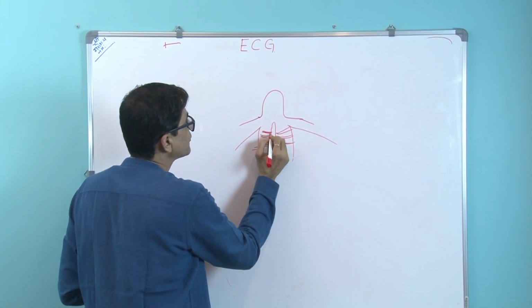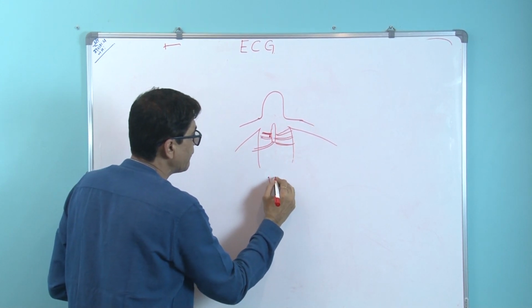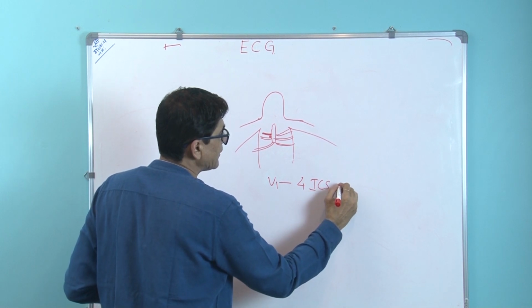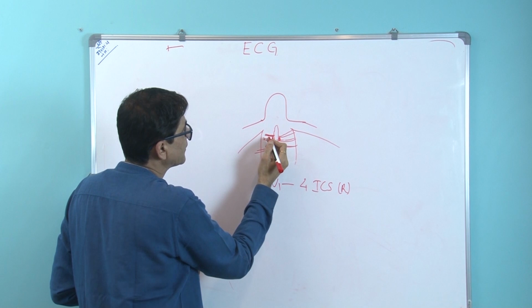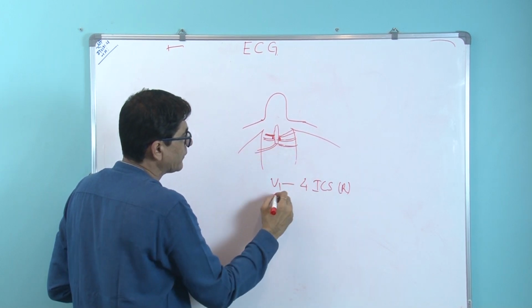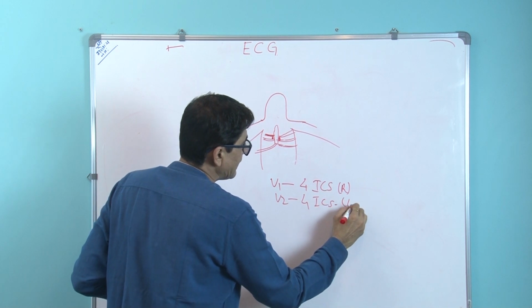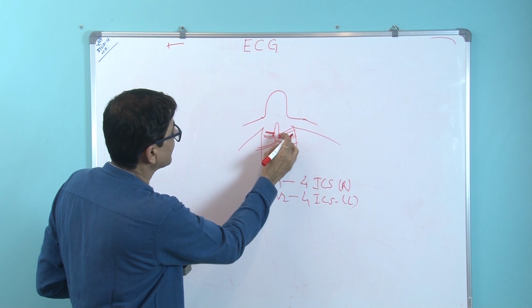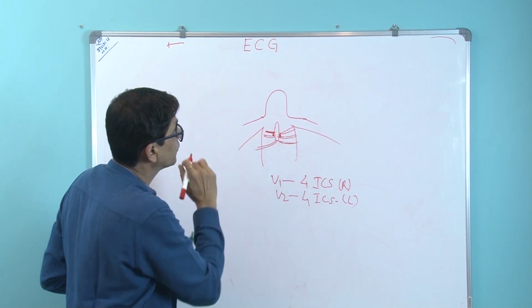This space is the 4th intercostal space, this is V1, immediately to the right of the sternum. V2 is in the 4th intercostal space, left of the sternum. This is very easy. One is on the right side, one is on the left side. So this is V1, V2.